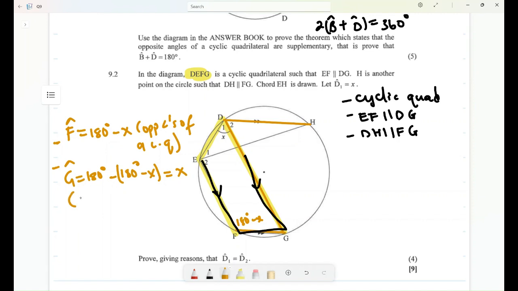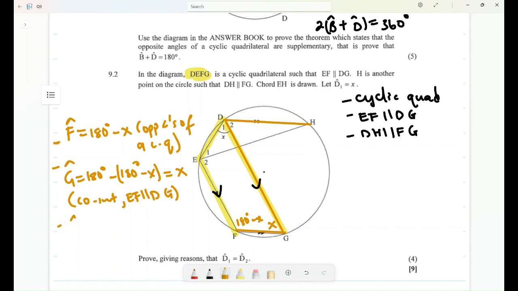Now what's the reason? Co-interior angles, such that EF is parallel to DG. Can you see now that if this is x here, and using my lines like that, that is alternating angles.